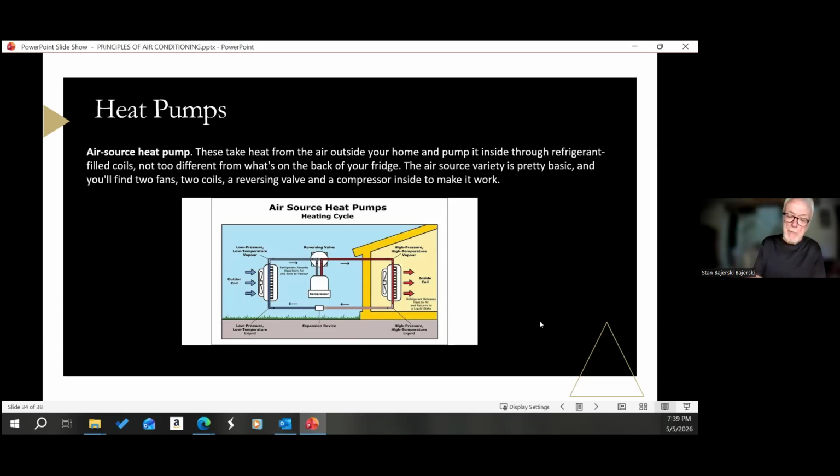So if you operate a heating system in the winter, there's a 99.9% chance it's going to work in air conditioning mode in the summer, unless that reversing valve doesn't work.